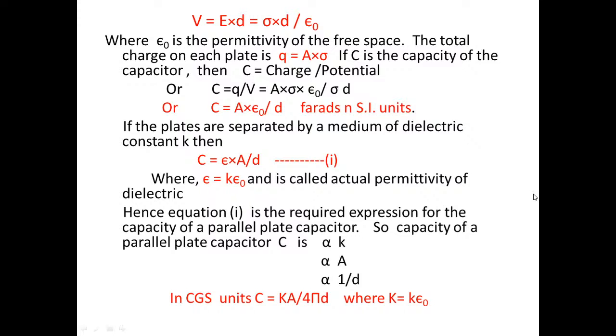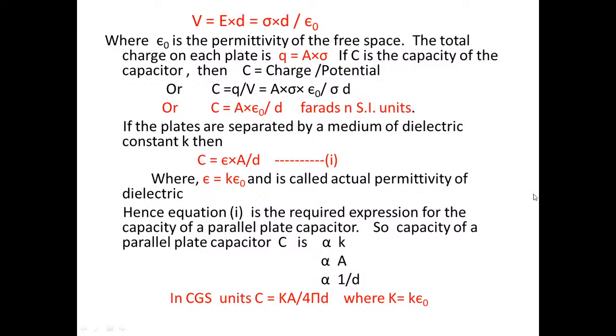Hence, the expression for the capacity of a capacitor C shows that it is directly proportional to the dielectric constant, directly proportional to the area of the plates and inversely proportional to the distance between the two plates.